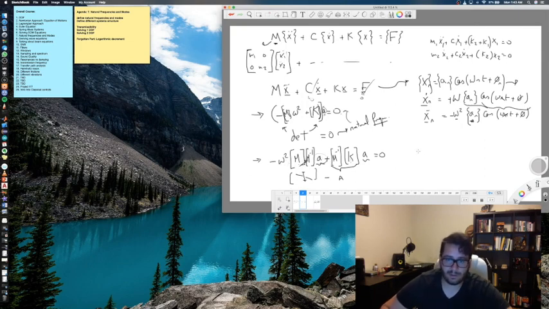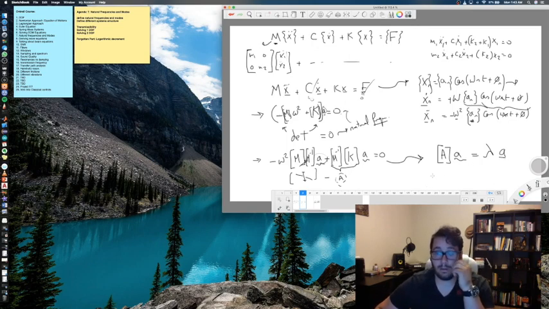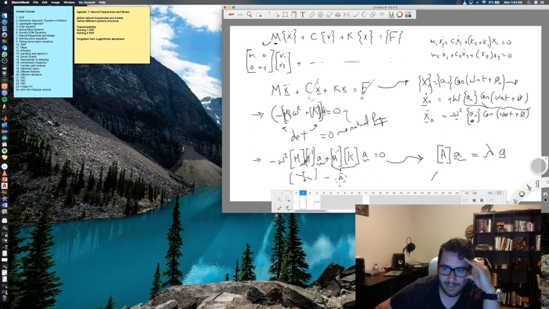So if I were to write this in a different way, I would write my A matrix, which is this one here, A is equal to my eigenvalues. And then from here, I just have to solve for my eigenvectors.